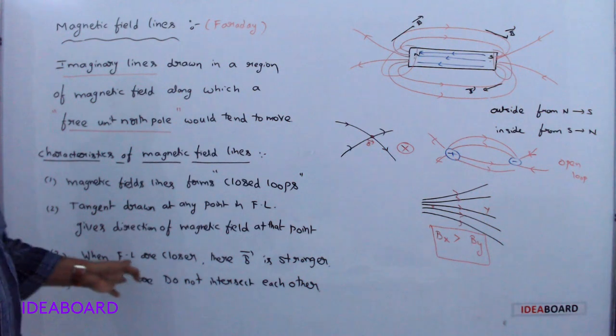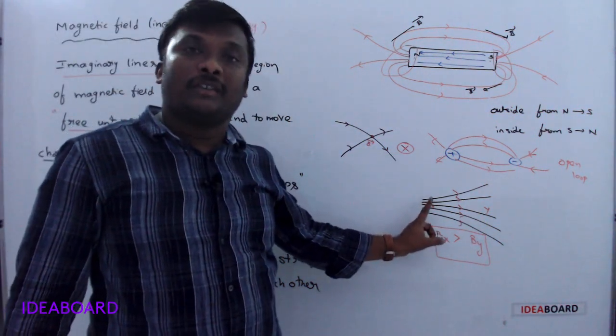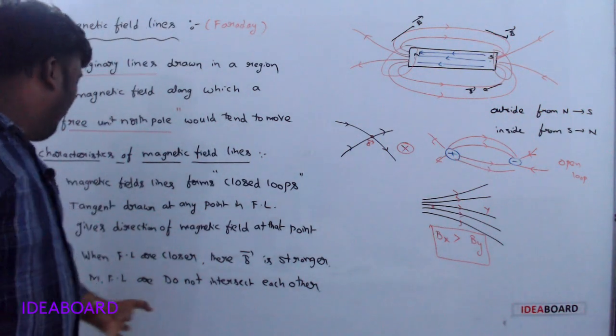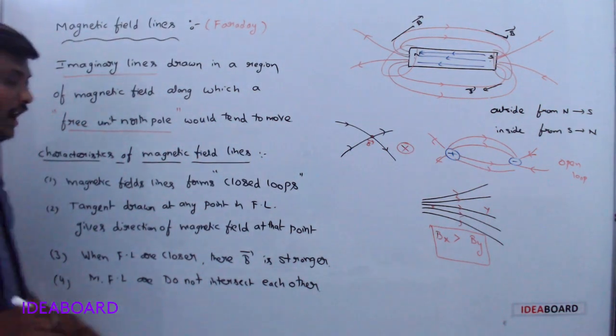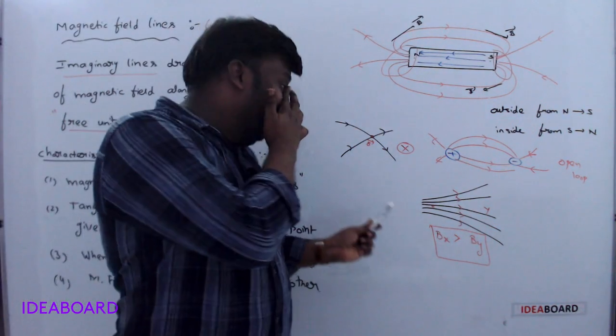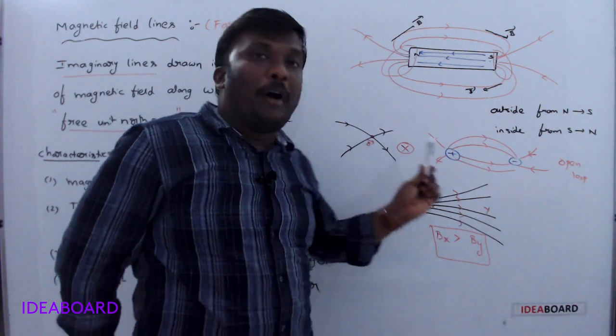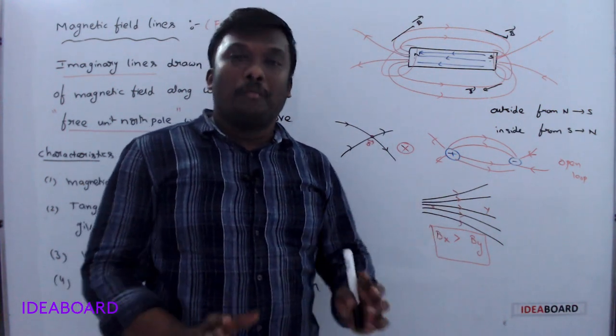Third point, when magnetic field lines are closer, there the magnetic field is always more. And the fourth point, magnetic field lines do not intersect each other. If they intersect, at the point of intersection it has two directions, which is not possible.